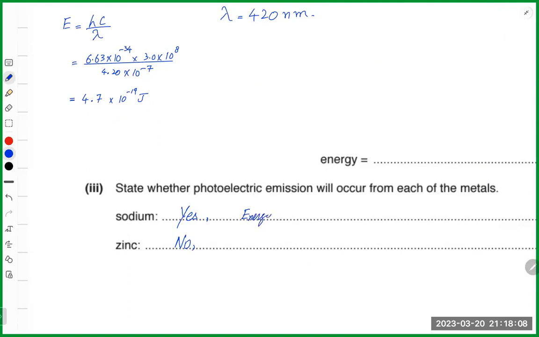Sorry, sir, I got confused in that 10 to power minus 19. Energy of photon is more than work function, or energy of photon is less than work function.